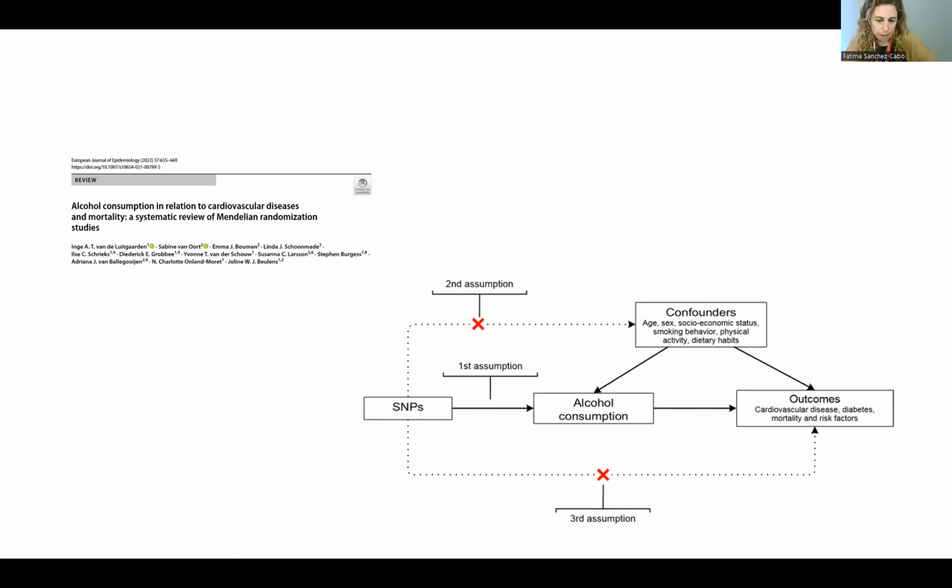This is an example, the one from the paper I was showing you before. So in this case, what do the three assumptions mean? First of all, for the Mendelian randomization calculations, we need to use SNPs, mutations that are known to be associated with alcohol consumption.